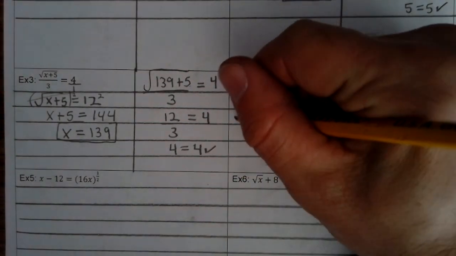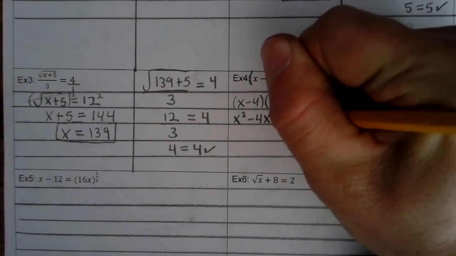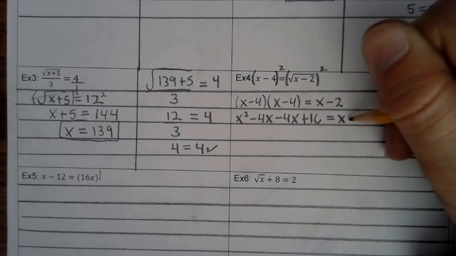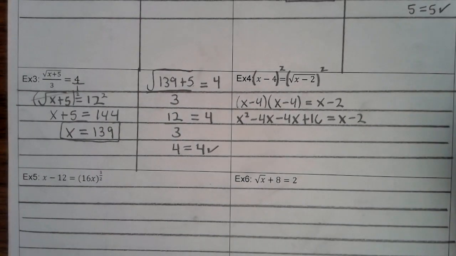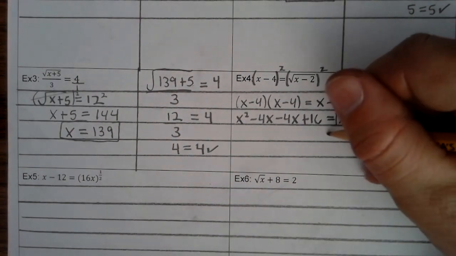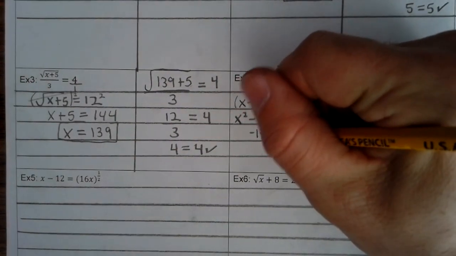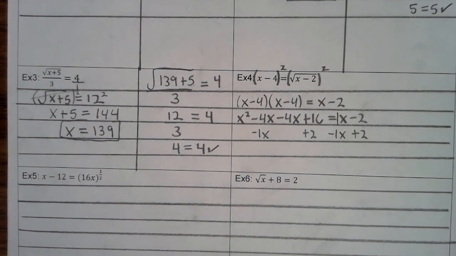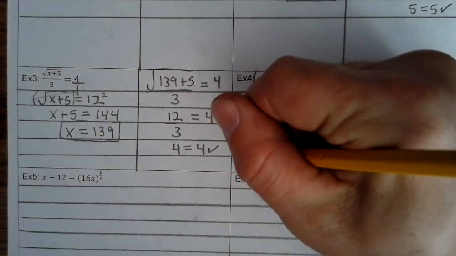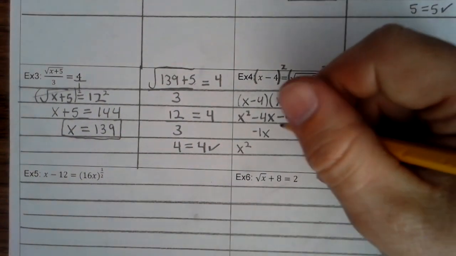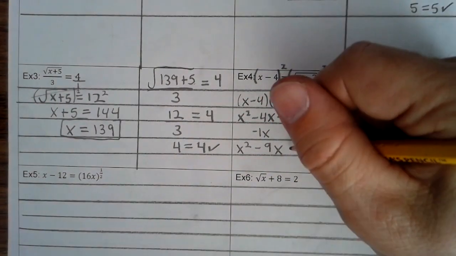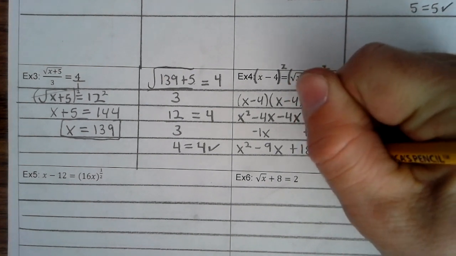So x times x is x squared, minus 4x, minus 4x, plus 16 equals x minus 2. Now we need to subtract 1x from both sides and add 2 to both sides. So then that's x squared minus 9x, and then 16 plus 2 is plus 18 equals 0.